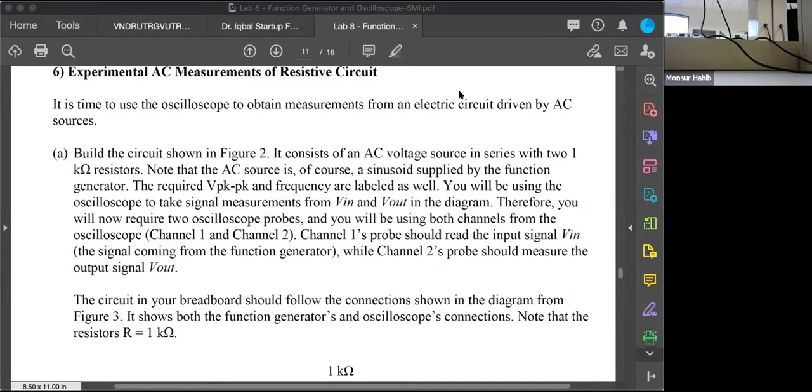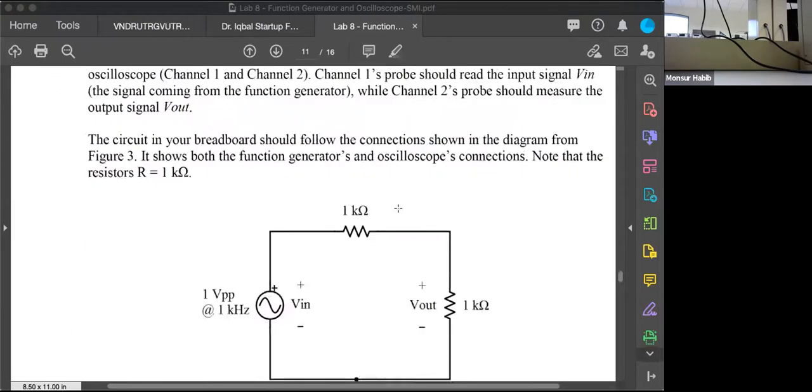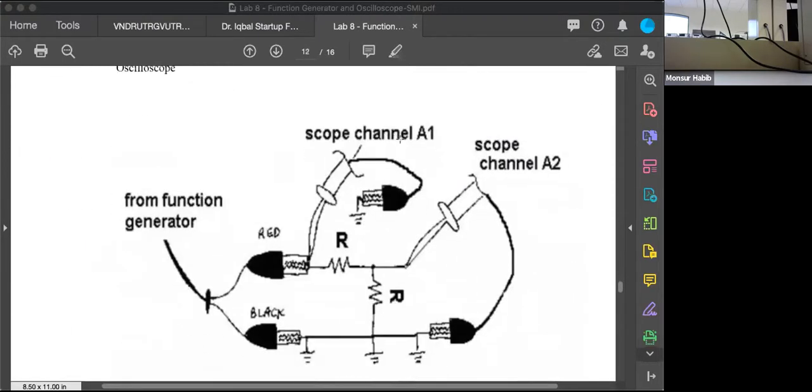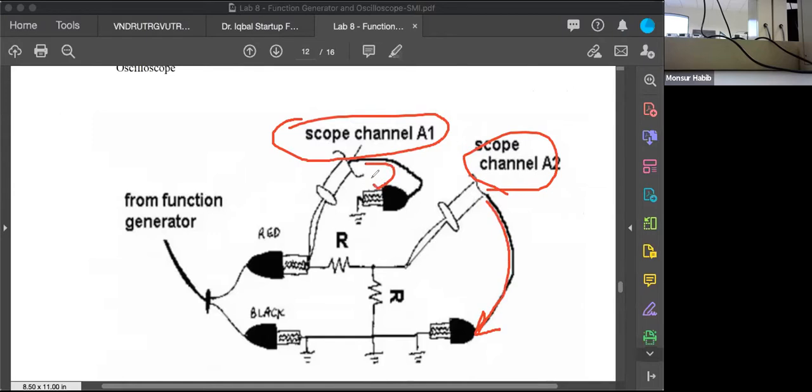So hence we have channel A1 and channel A2. So these are probes of your oscilloscope at two places. So this one, channel 2 going to ground, this one on channel 1, the black one going to ground.